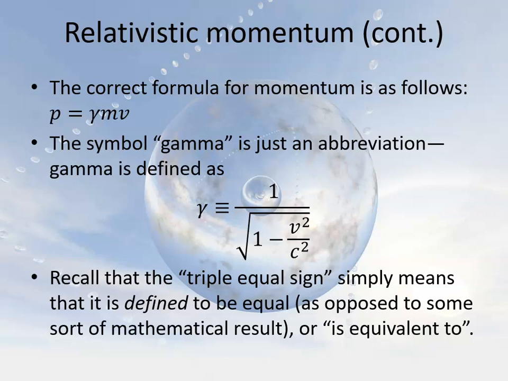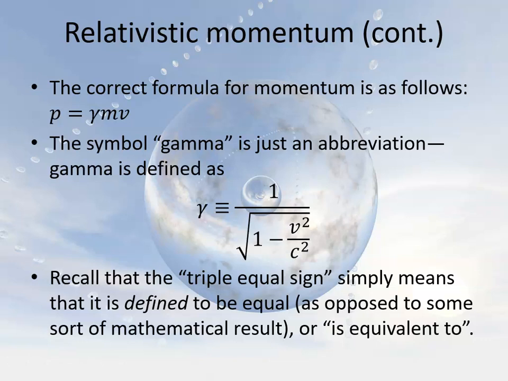In general, the real equation is P equals gamma mv, where I mentioned that gamma factor before in length contraction. The contracted length is equal to the original length divided by gamma.